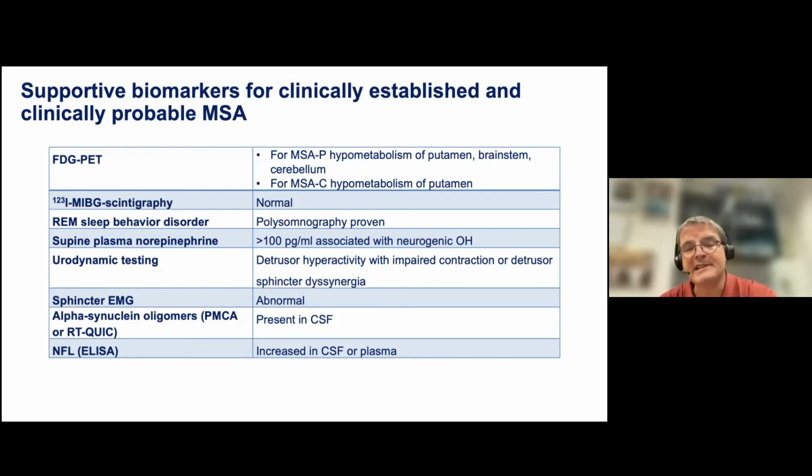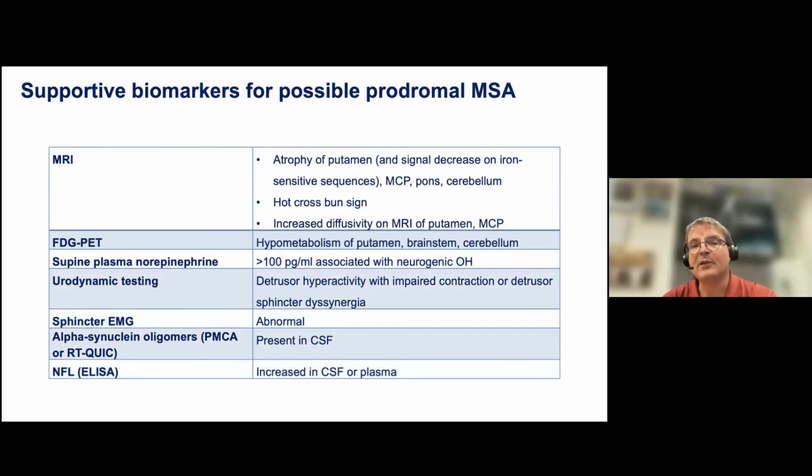An abnormal sphincter EMG is also often consistent with the diagnosis of MSA, as well as wet biomarkers, including alpha-synuclein oligomers in CSF or neurofilament light chain in CSF and plasma. There is also a list of supportive biomarkers for possible prodromal MSA, and that again includes MRI alterations similar to the ones that I have shown to you already.